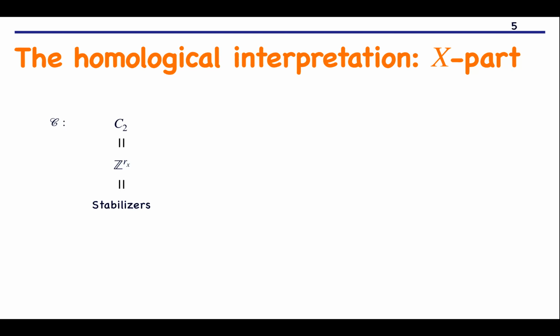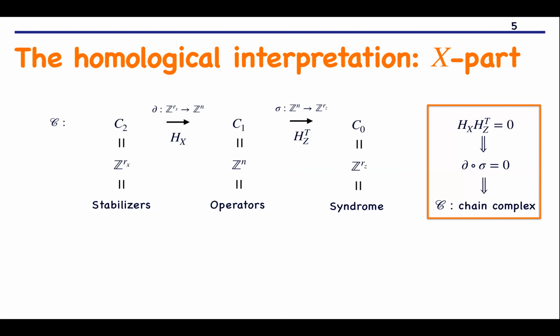And in turn, we have just seen that these are mapped to syndromes via the Hz matrix transpose. And we know that by definition, Hx times Hz transpose is equal to 0. So basically, this is the definition of a chain complex over Z.